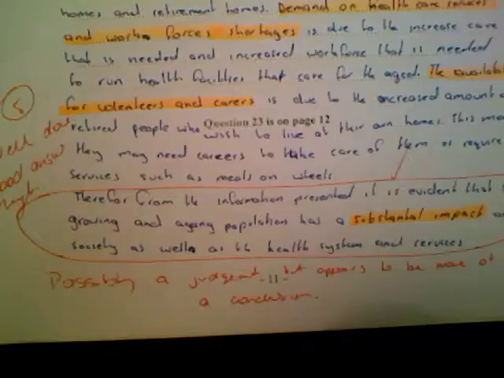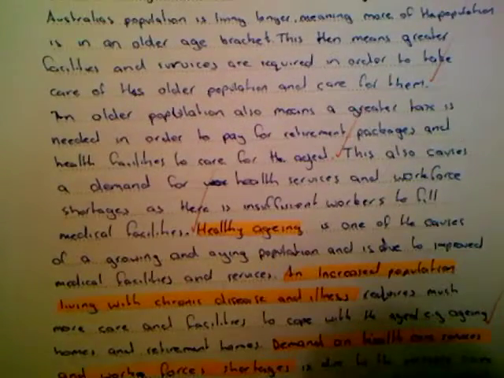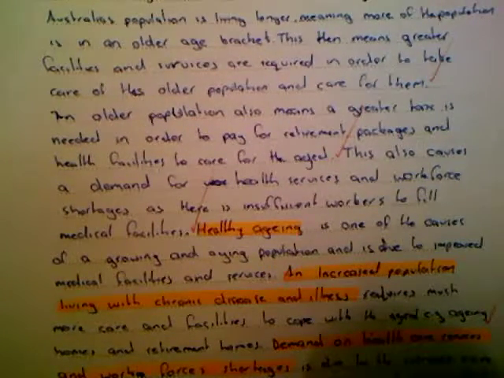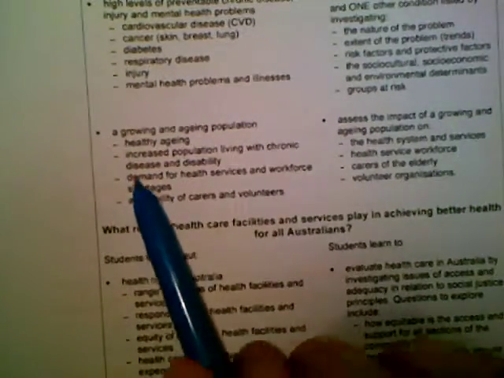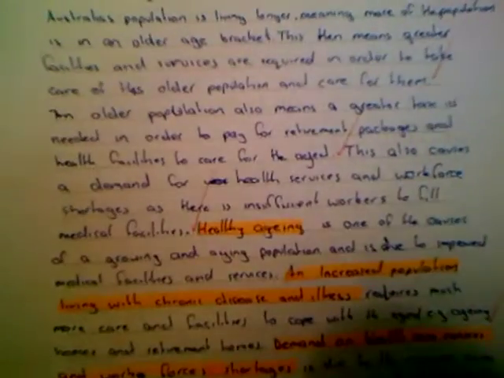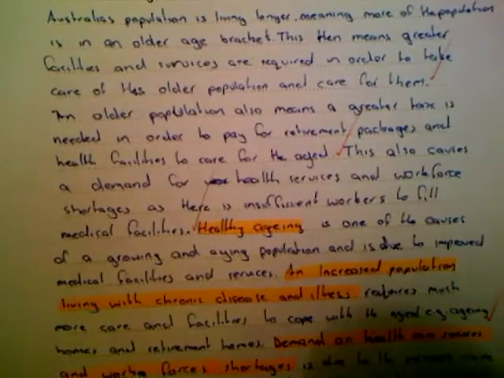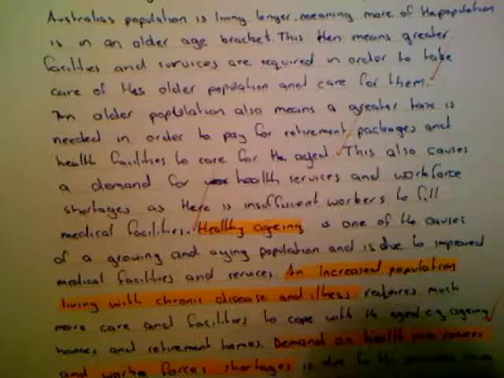Looking back at some of the marking, the syllabus content from all students was very, very good. Students had a very good understanding of the 4 dot points that were required in this answer. So that was outstanding, a very good part to see. Some students got a little bit confused with healthy ageing and what this actually did mean.